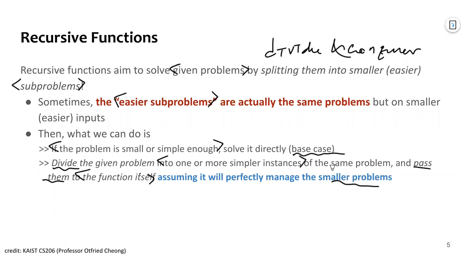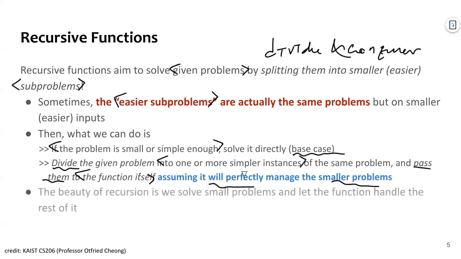So what we need to be careful about is how we divide the given problem into smaller ones and pass those smaller problems to the function without thinking about whether it's going to work well or not. We just trust that it will perfectly manage the smaller problems. And the beauty of recursion is we solve just small problems and let the function handle the rest of it.